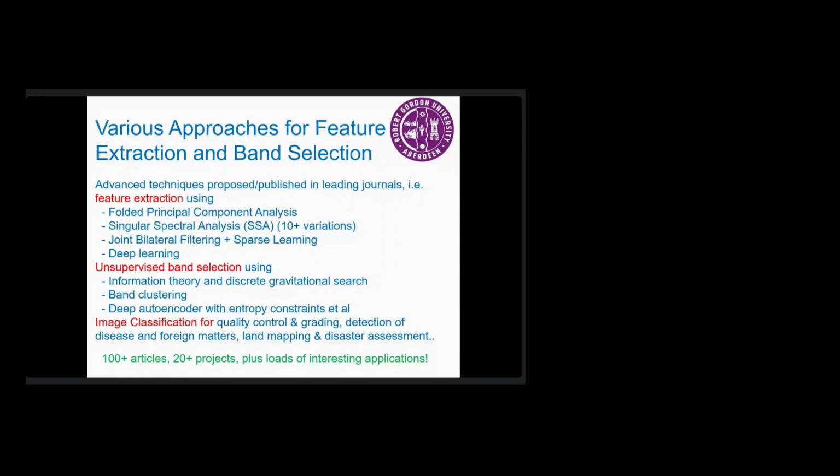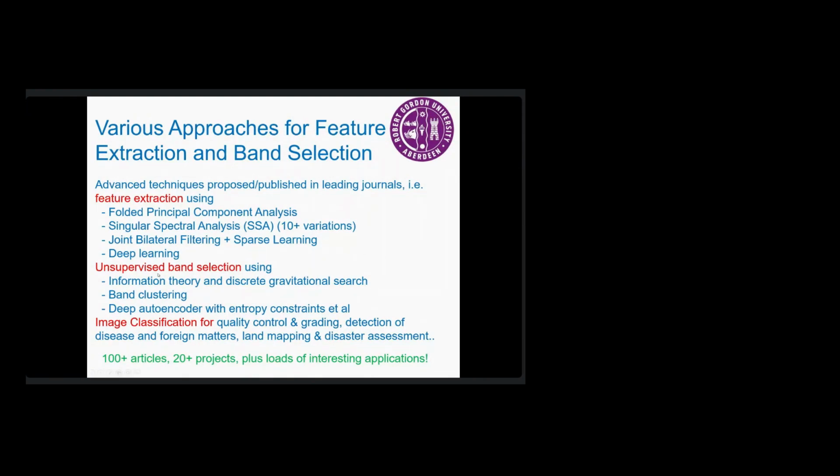Another idea is band selection. We have 200 bands. Can we select the most informative ones, for example 20 bands, without significantly affecting the results? That is band selection. Of course, this is application driven; it depends on what you would like to measure or detect in the data.